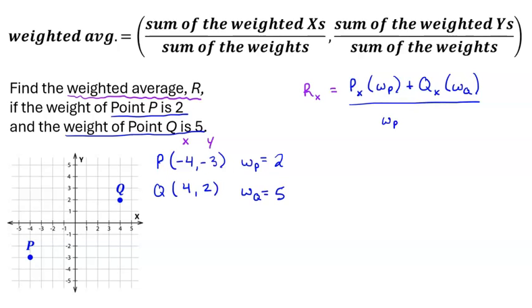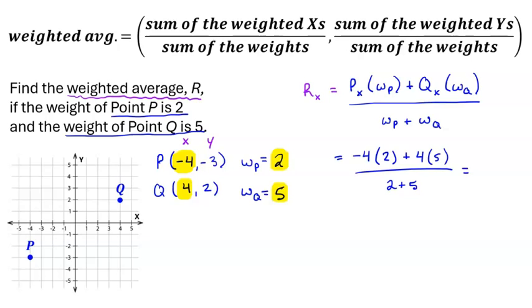We're doing the weight of P plus the weight of Q. And so we're just using the x's for this first part. So it's going to be my x-coordinate times the 2, plus the x-coordinate times the 5. Same deal as before. And notice that how I set up my paper helps guide me with how to put this into the formula. And then we're just taking our 2 weights and adding them at the bottom like that.